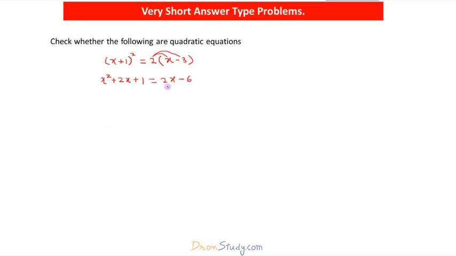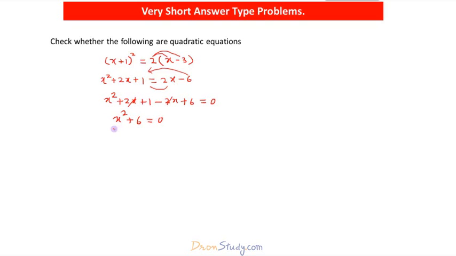Now take this 2x to the other side and 6 to the other side. So here it will be x square plus 2x plus 1 minus 2x plus 6, the signs of 2x and minus 6 are changed, which is equal to 0. So this 2x and 2x will get cancelled, and here you will get x square plus 7, which is equal to 0.